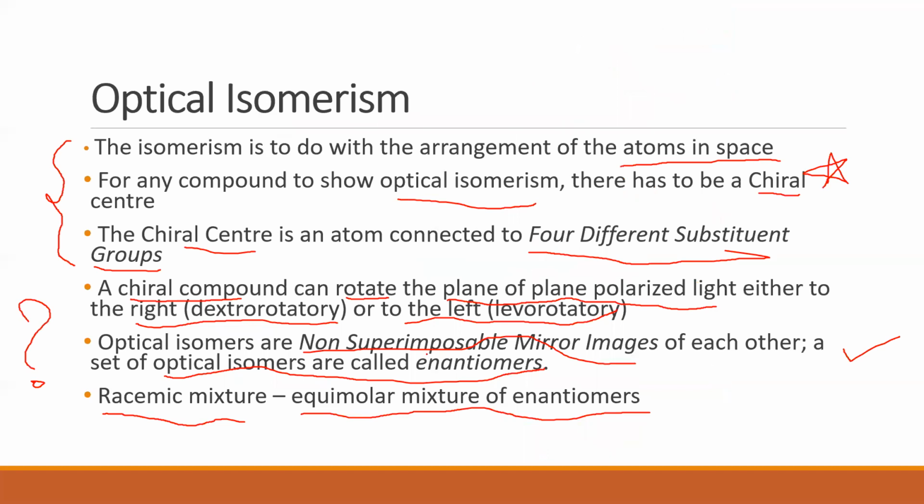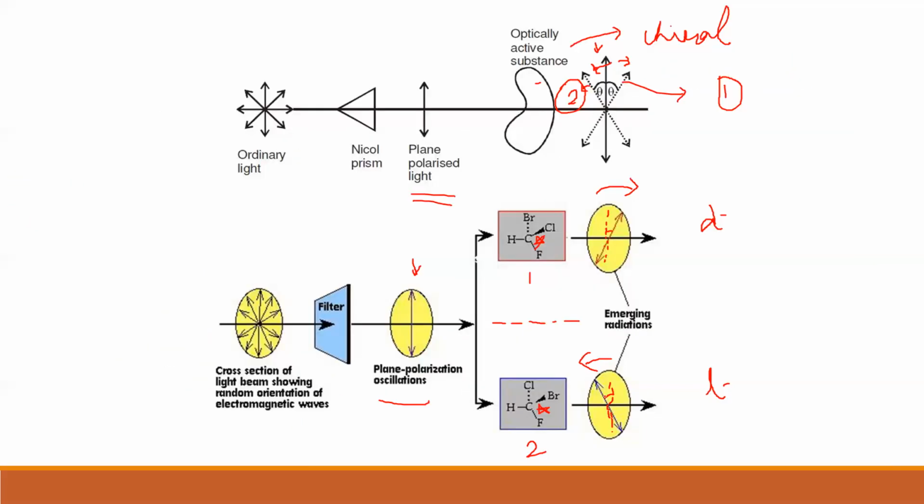A racemic mixture is nothing but an equimolar mixture of enantiomers, which means I take 50% of this, 50% of this. I mix these two in one beaker. Clear?